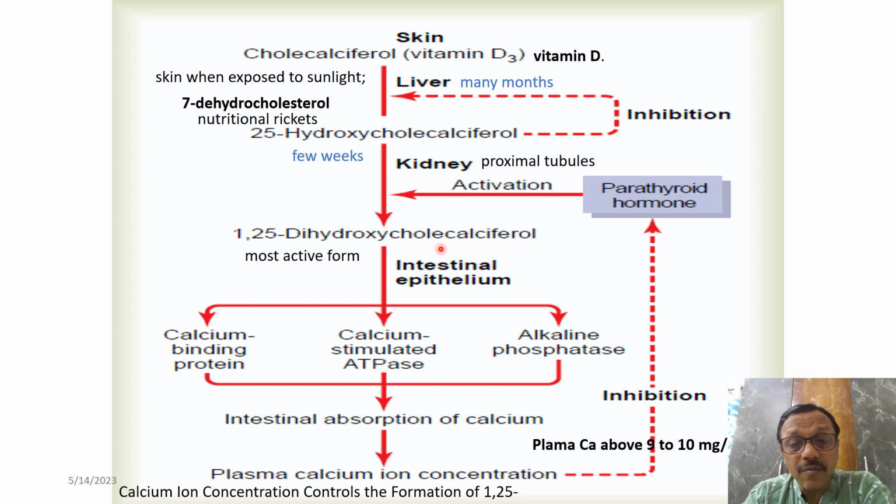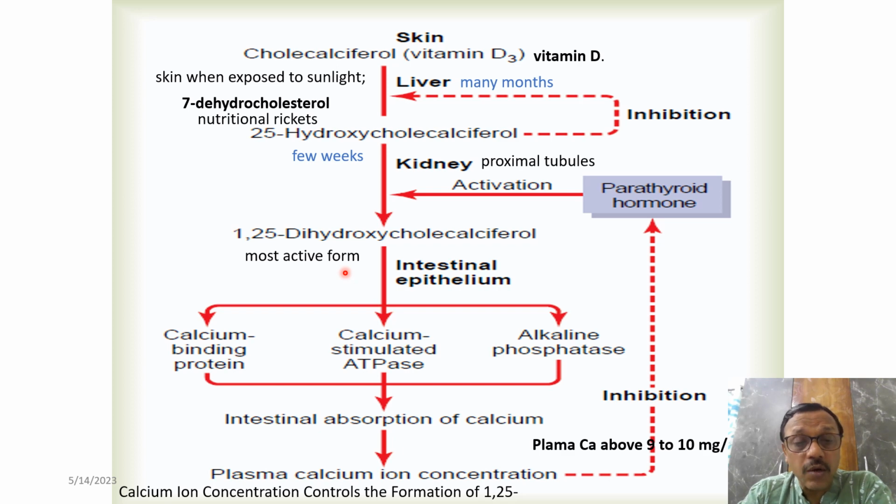Now in the kidney itself, under the effect of this hormone, there will be reabsorption of calcium from the renal tubules. And secondly, this vitamin goes to the GIT system, the intestine, and from the intestine it is going to absorb a large amount of calcium.